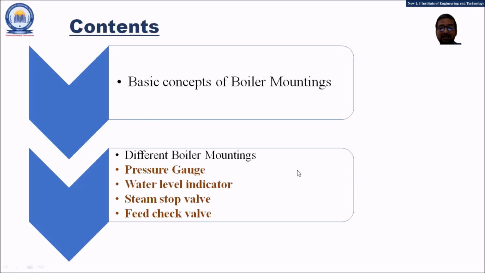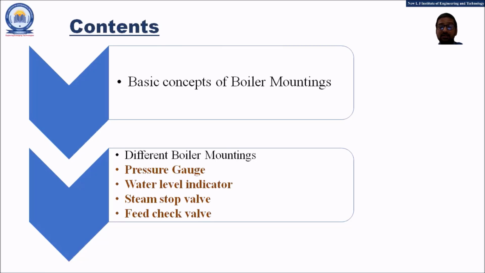So now friends, let us proceed further and understand the concepts about the boiler mountings. Boiler mountings, the term you have come across several times during the discussion of the steam boilers.